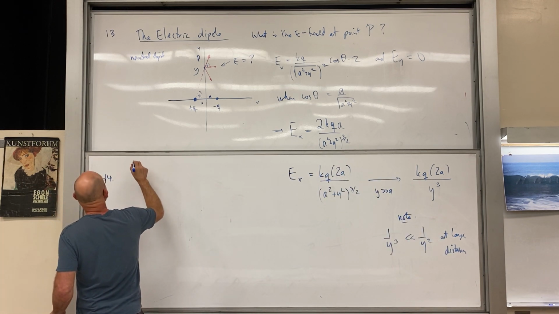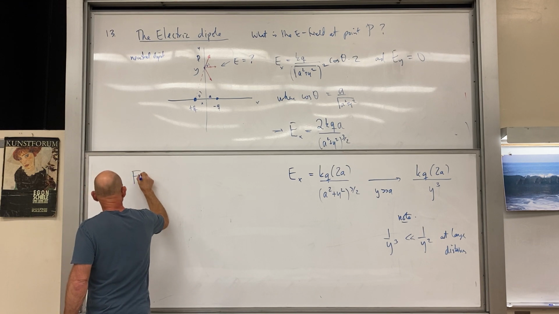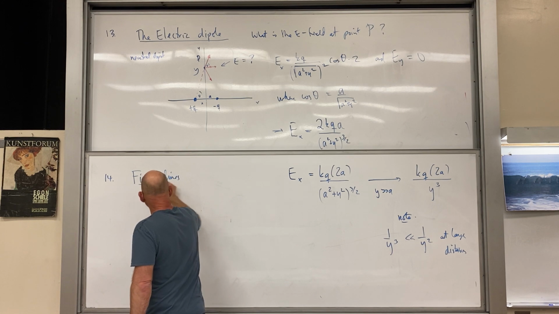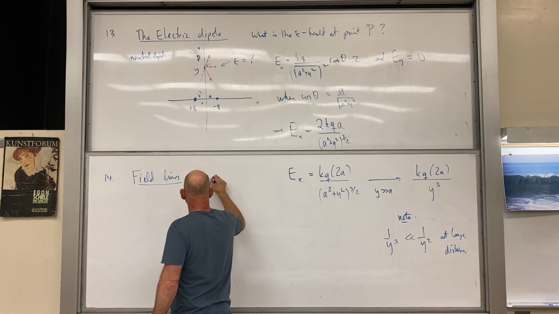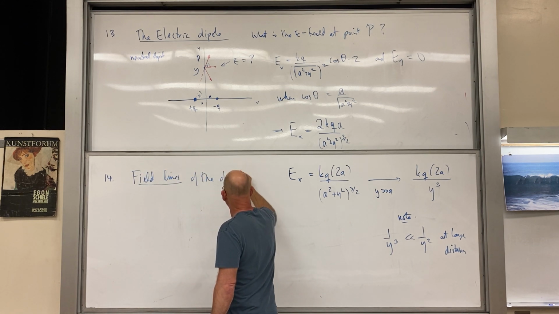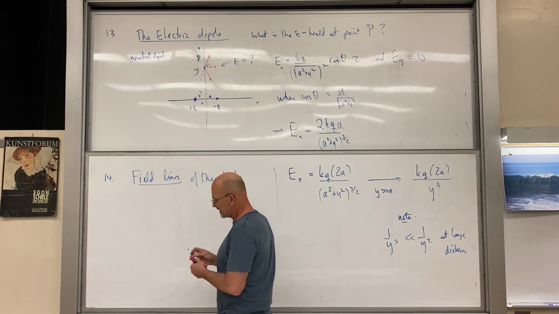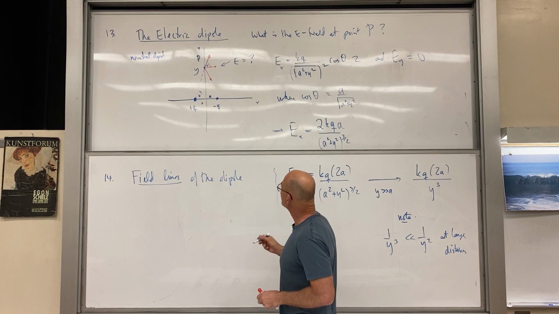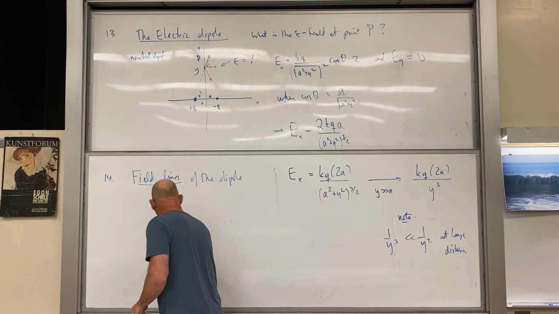do something now. I'm going to write field lines of the dipole. So field lines of the dipole, and we'll again start with the plus and the minus. That's all. I'll just draw them with a circle around.